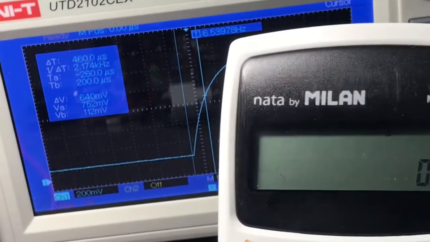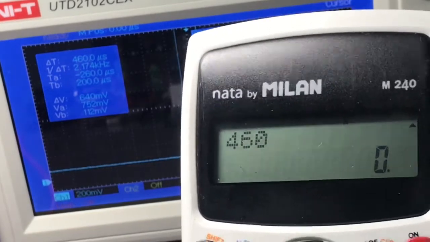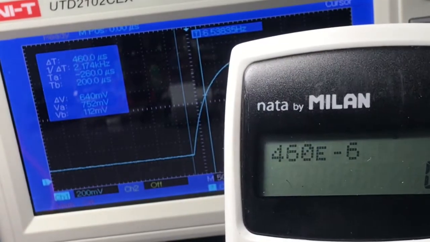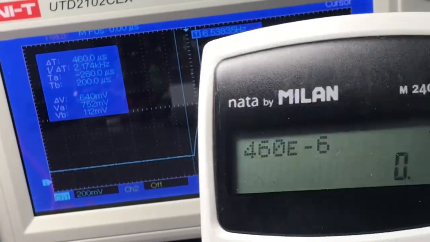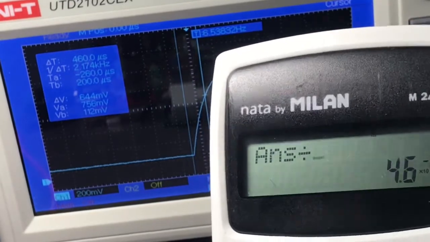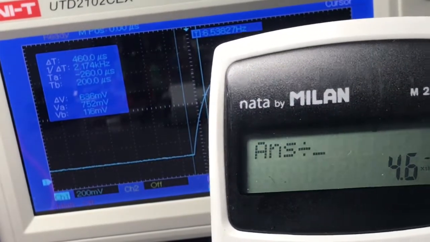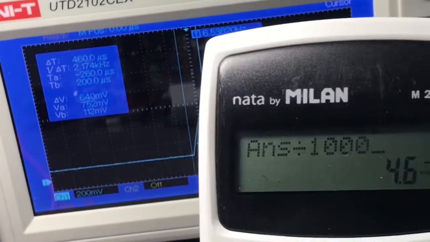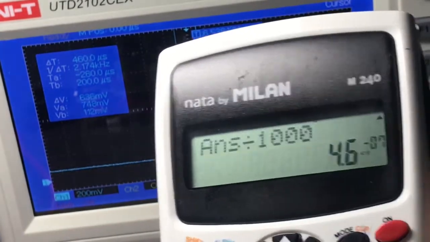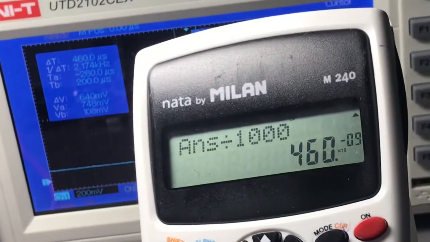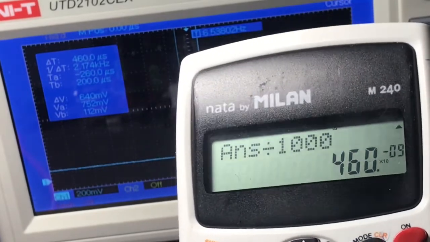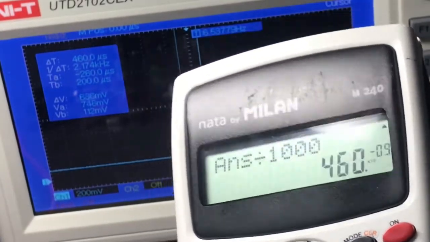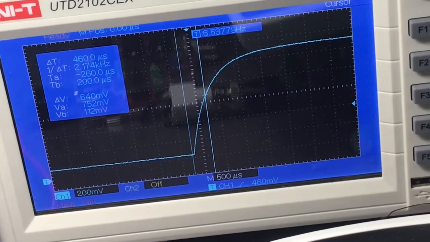The time, which in our case is 460 microseconds, we divide by our resistor, which is 1000 ohms, and this is what we got: 460 nanofarads. This is a bit off, because this one should be 330 nanofarad, but it can be slightly off, so that's how I did it.